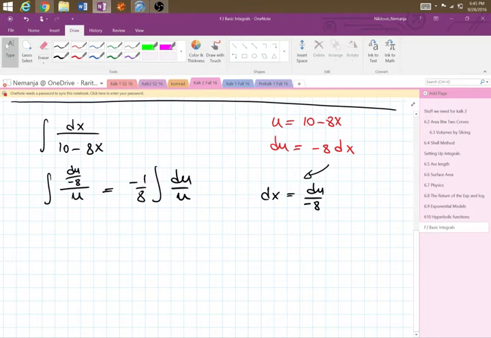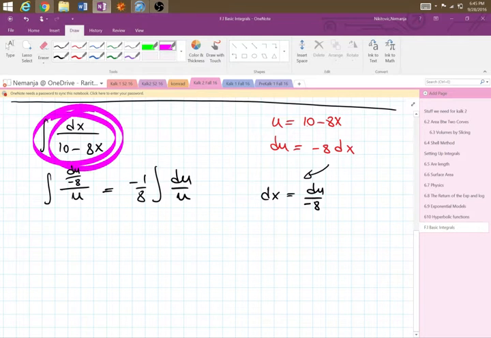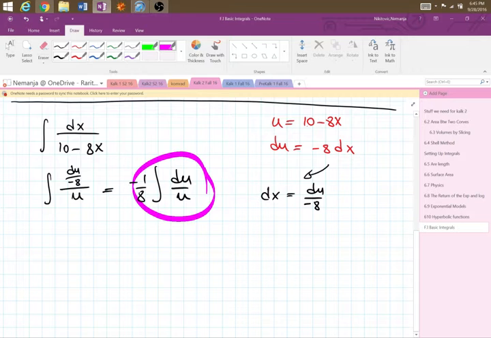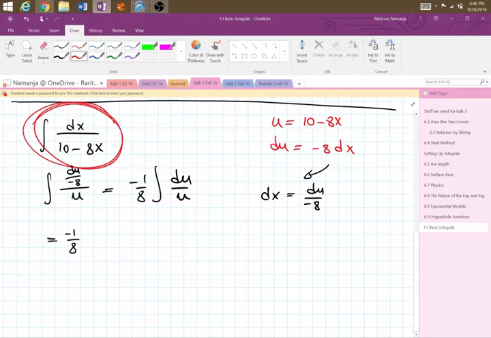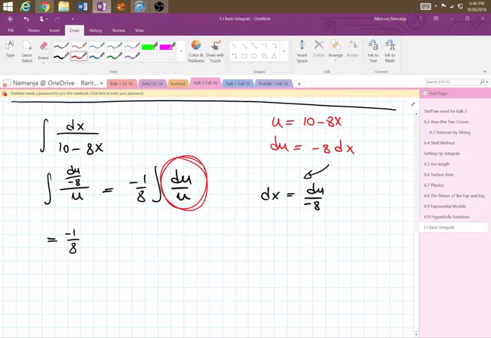So I would say it's crucial for you guys to see that we took the integral, which was not basic in any way, and transformed it into a basic integral. What is this integral? ln u. Awesome. So we took a non-basic integral and using u sub transformed it into a basic integral, which is ln u in this case.